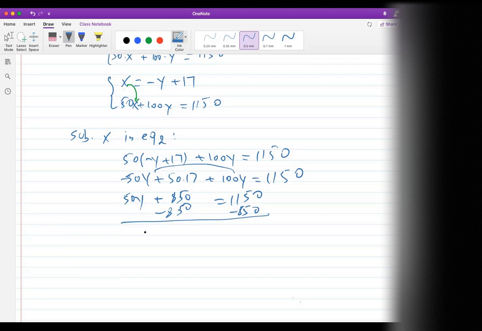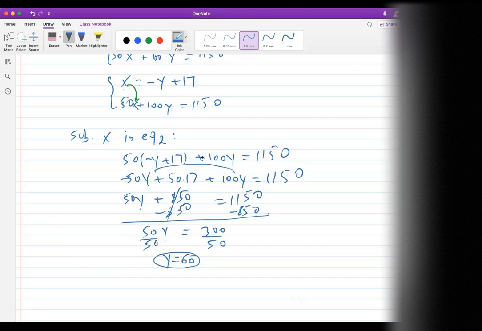So then you would get 50y equals 300. Okay. And then you would divide by 50. Y would be by itself, and that would be 6.